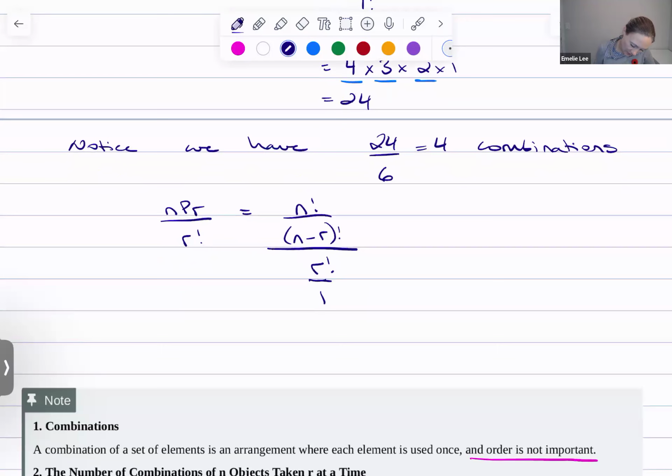So we have n factorial over n minus r factorial times 1 divided by r factorial. And that's how we get the nCr calculation.